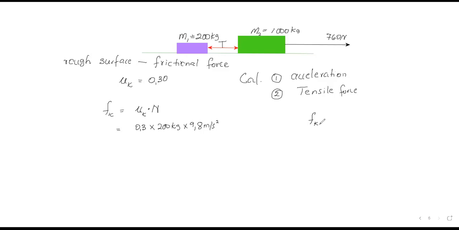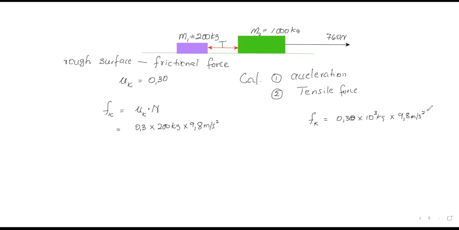And for the green mass there, the kinetic friction will equal 0.3 multiplied by 1,000 kg multiplied by 9.8 meters per second squared.